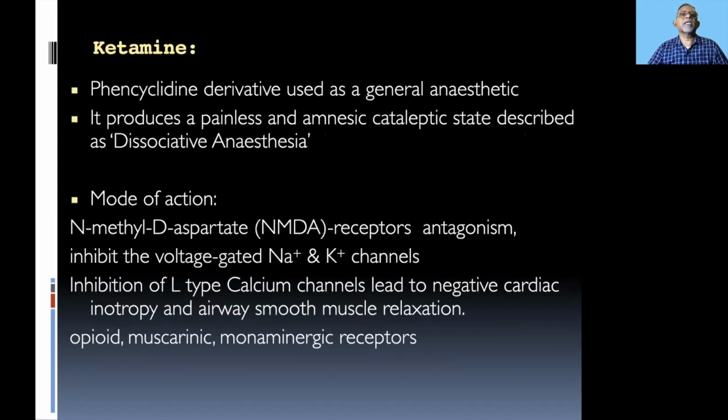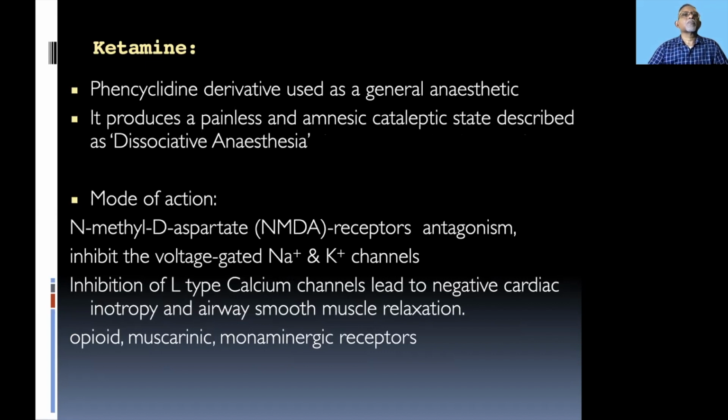Ketamine is a phencyclidine derivative used as a general anesthetic, licensed for use since 1968. It produces a painless and amnesic cataleptic state, described otherwise as dissociative anesthesia. The main mode of action is recognized as NMDA receptor antagonism, but it also interacts with the opioid, muscarinic, and monoaminergic receptors.